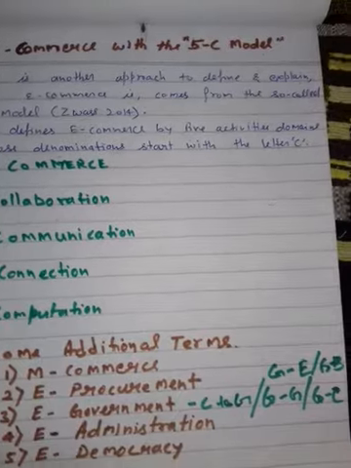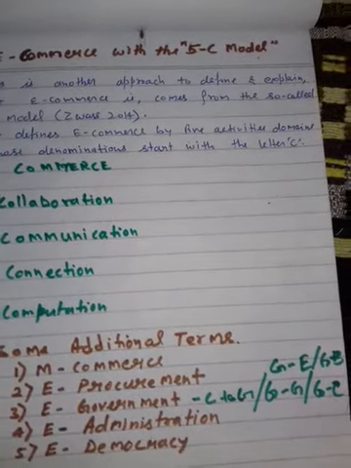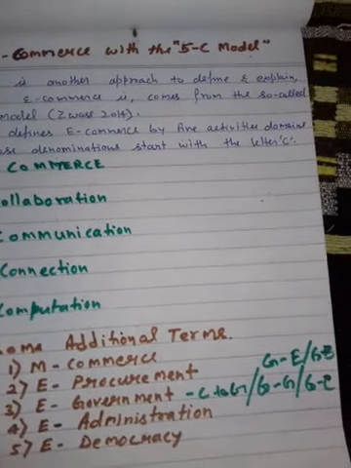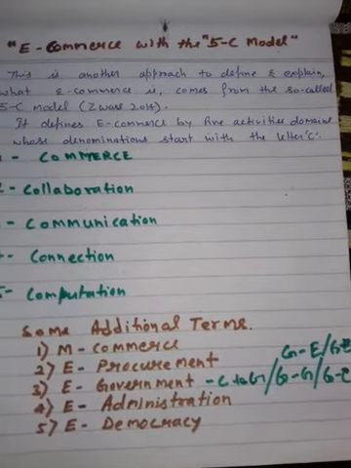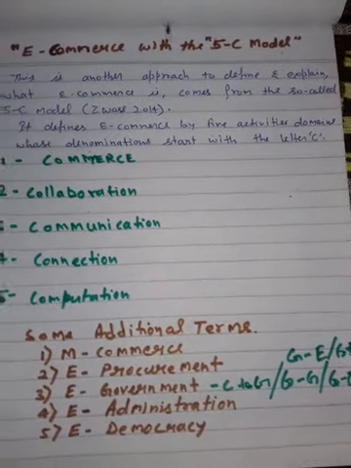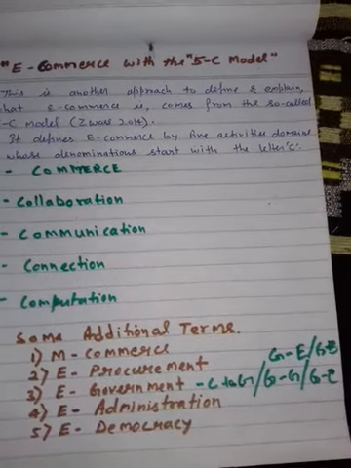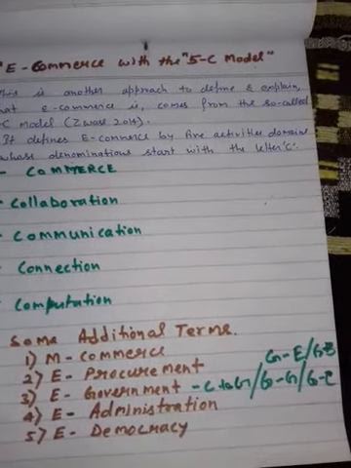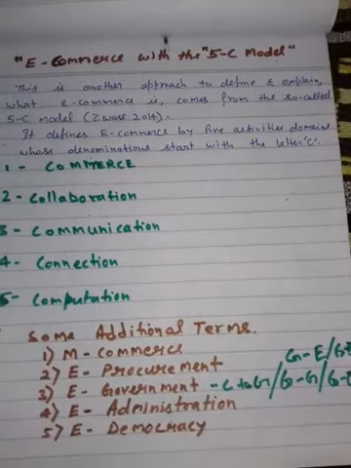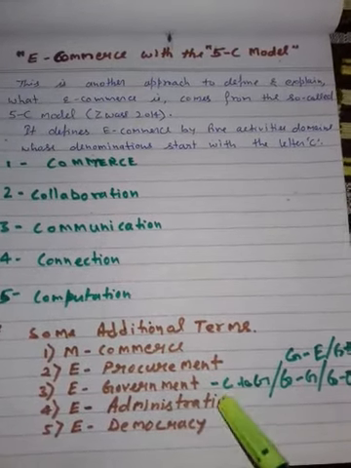The digital interaction includes all levels of government: state government, central government, province and national, and other international governments. They interact with each other, government information and communication technology (ICT) is also used, and business process re-engineering is also there.